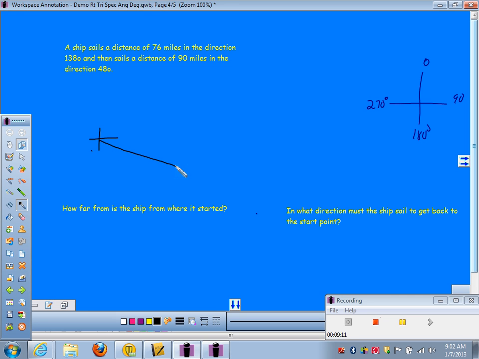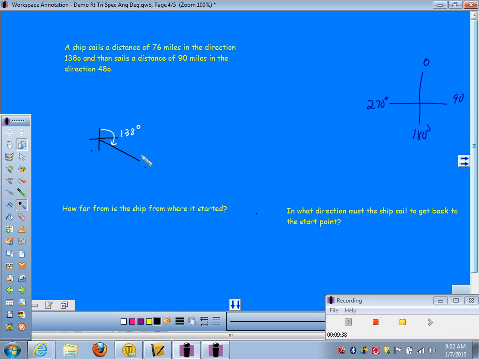You need to draw these somewhat to scale. I mean, you don't have to be letter perfect, but if this line is going to be 76 miles and I'm going to run myself out of space, I can't make it that long. I know this angle up here from 0 down to there is 138 degrees. It sails out that far.